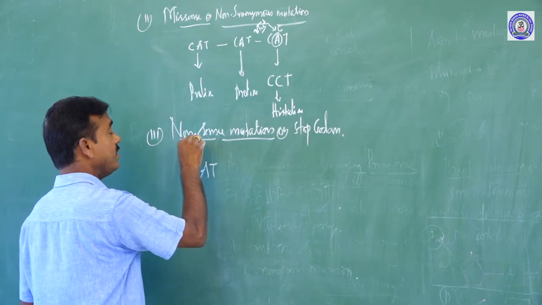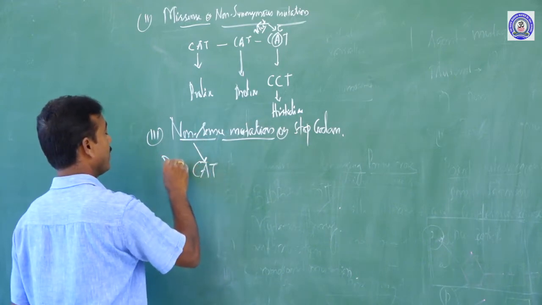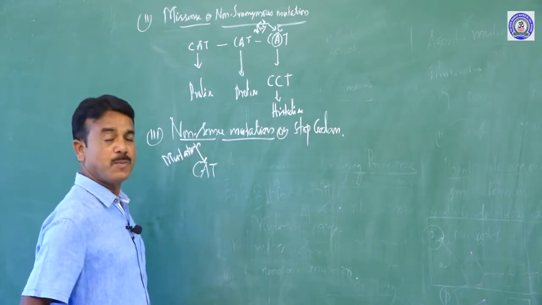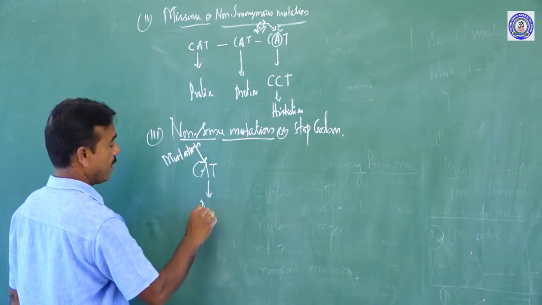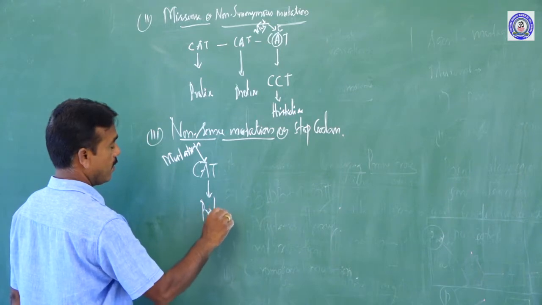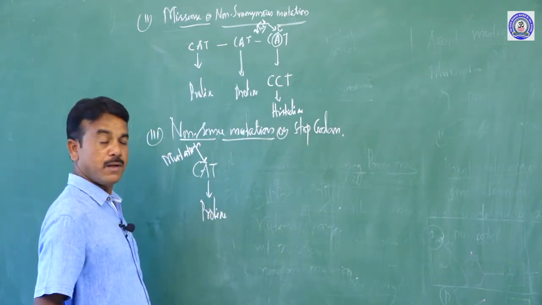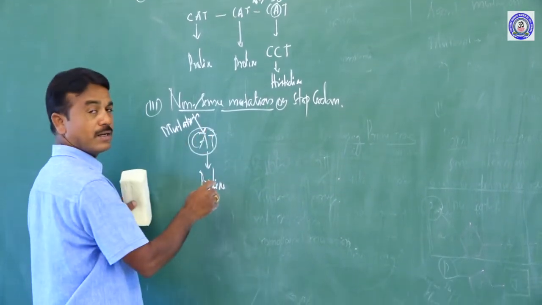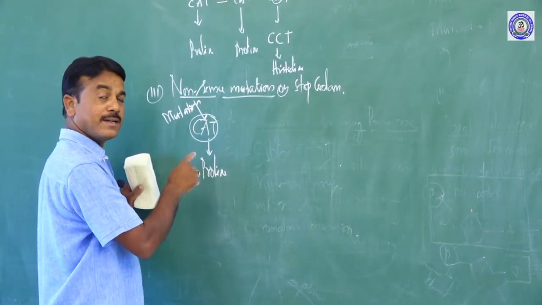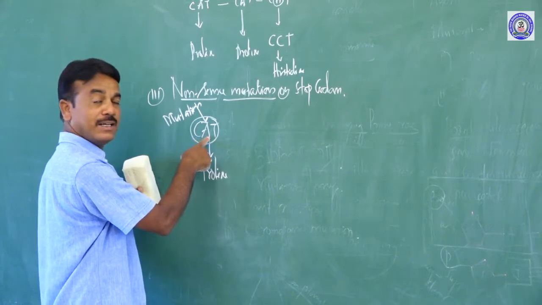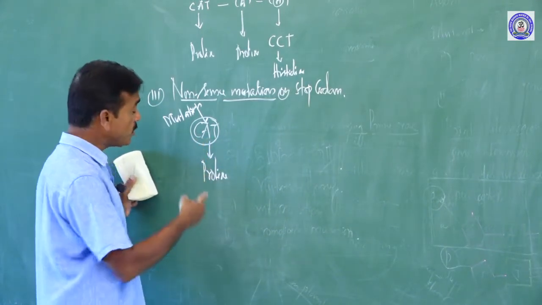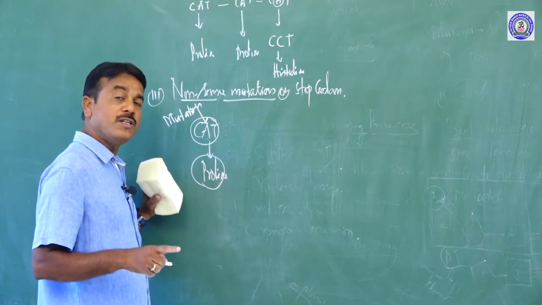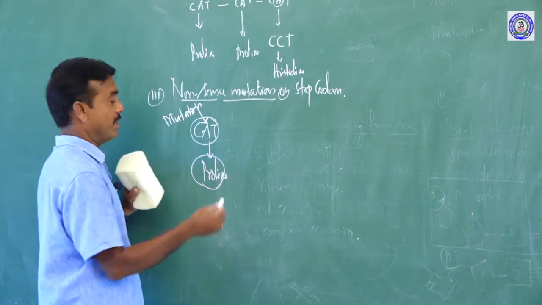If a mutation occurs in CAT, what type of amino acid is produced? This is commonly called proline. Sometimes, due to mutation, the CAT is not responsible for producing proline, because the mutation terminates the action.